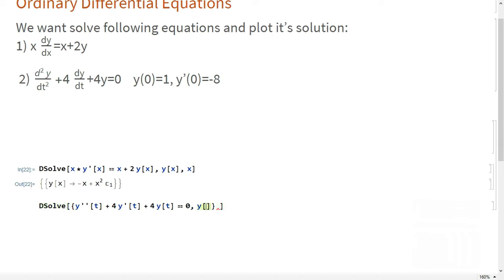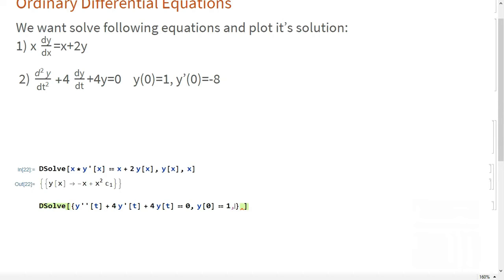And now you have to put the initial conditions. To put the initial conditions, just type 0 instead of t, that is, it's fixing the value for y when t equals 0. And you put equals again, because you have to let Mathematica know that the left hand side is equal to the right hand side.